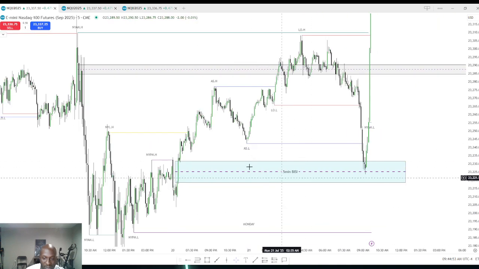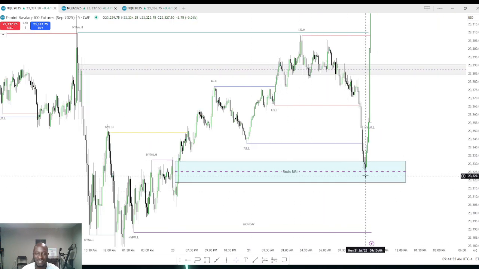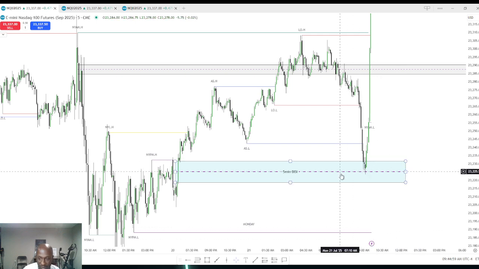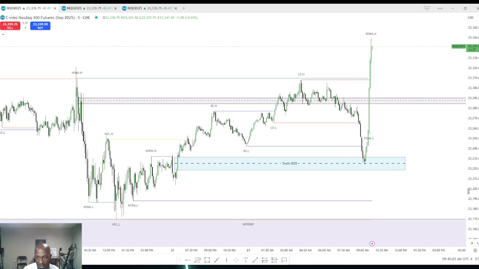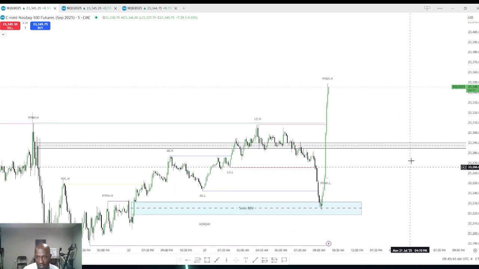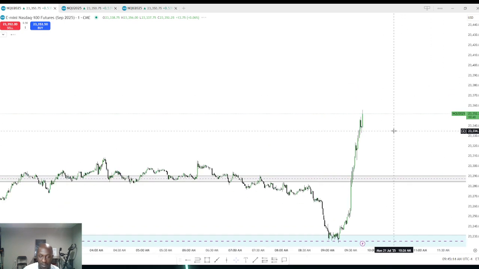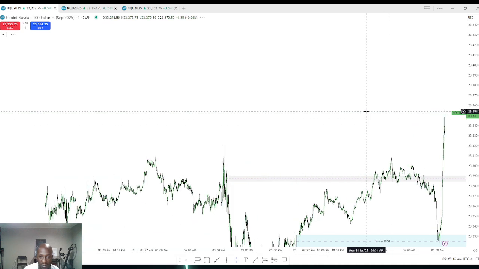Literally, it was rejection off of this 5-minute BISI. Never closing below consequent encroachment. And then we ran London low and Asian low, and then stayed above it. So I'm going to enter long and see how high we can go.